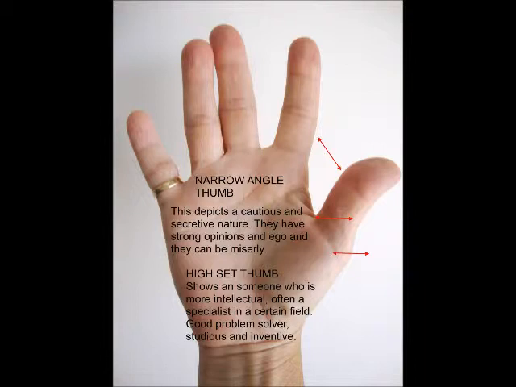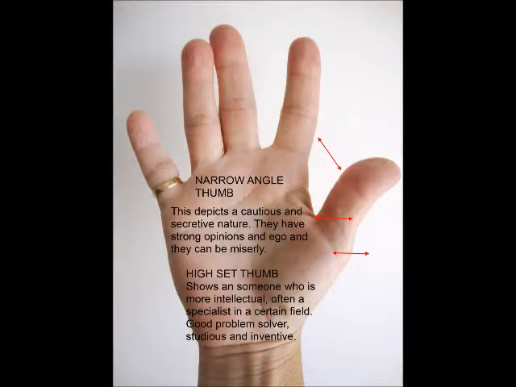So the narrow angle thumb is when it is 30 degrees or less and closer to the palm. So that's when it's held naturally. Now, obviously, some people can open their thumb out further, but if it's naturally held close to the palm rather than away from it, that suggests a more quiet, untrusting, and guarded personality.